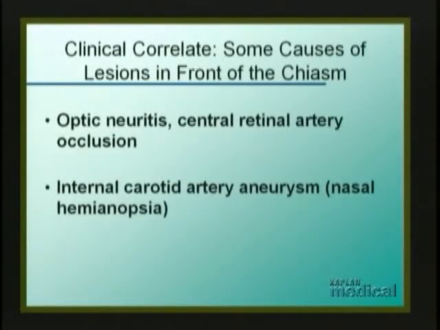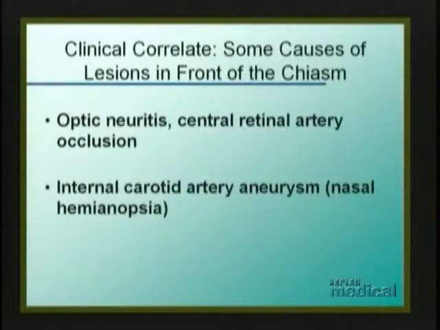Patients that develop optic neuritis, which is commonly seen in patients with central nervous system demyelinating diseases like multiple sclerosis, and patients that develop a central retinal artery occlusion. That's an anatomic end artery that, when occluded, would basically disrupt the entire retina on a corresponding side. Both of those would cause basically an anopsia on the corresponding side.